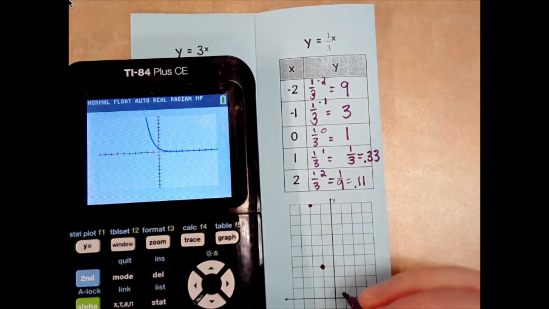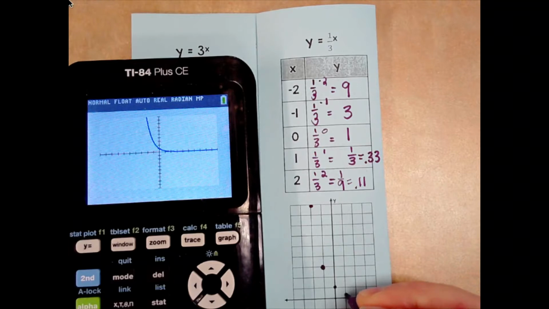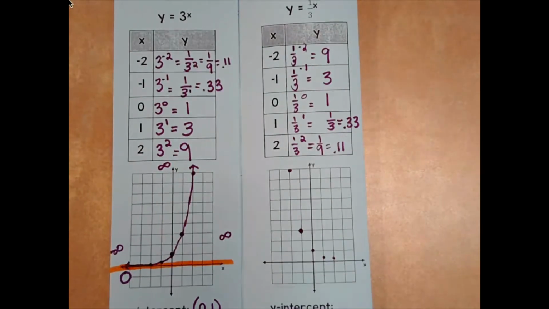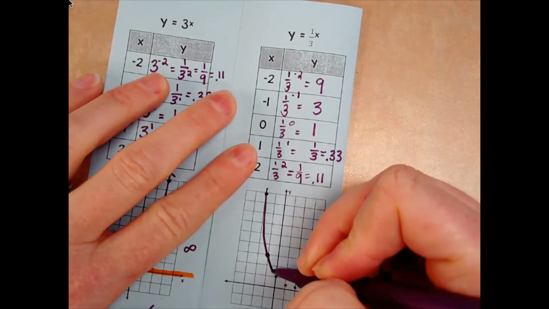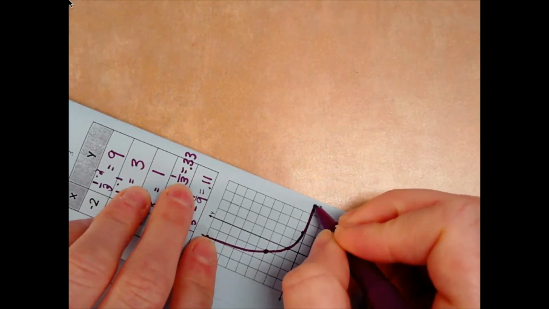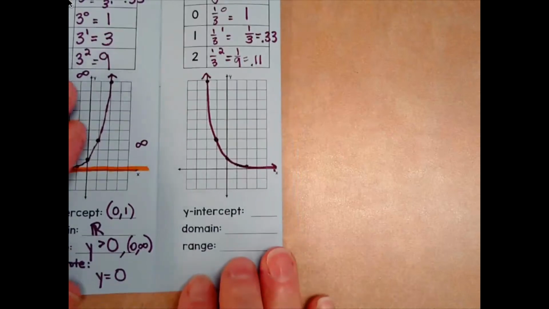Okay, and then 0, 1, then 1/3, and 0.1. Go ahead and make your exponential curve. Put your arrows on the end, showing that's going to continue on and on.